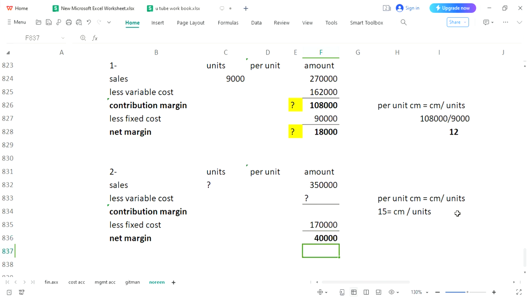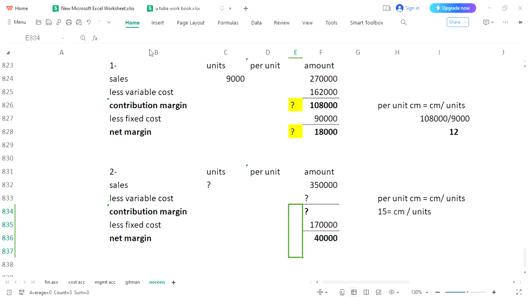As you can see, we don't have contribution margin, we don't have variable cost, we don't have number of units. So what can we do? In several chapters we have discussed the process of reverse calculations. You have a complete idea how to apply reverse calculations.